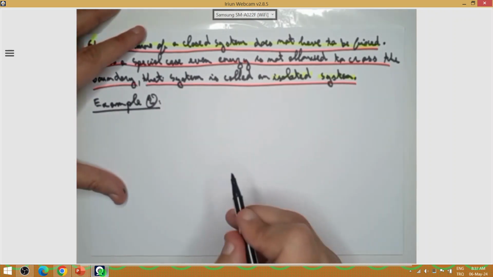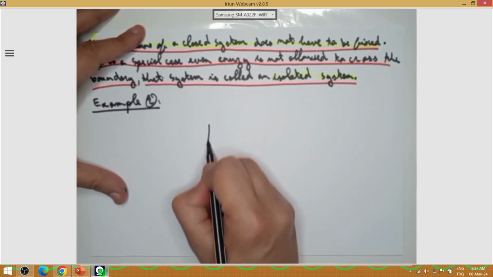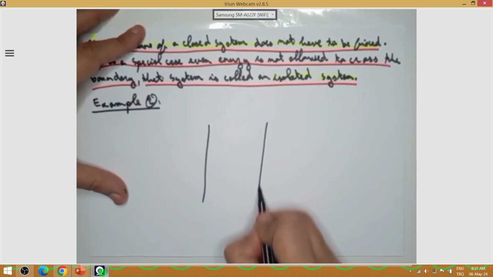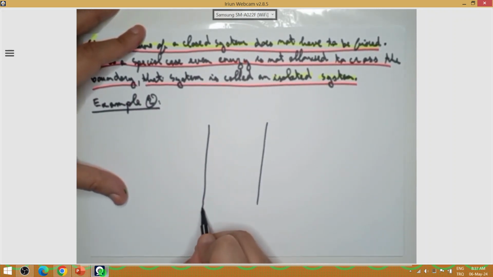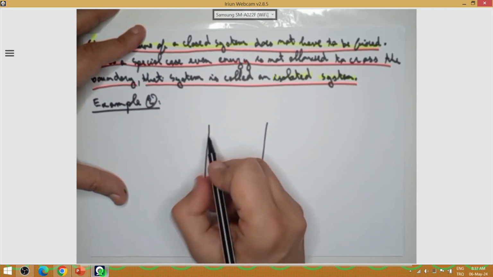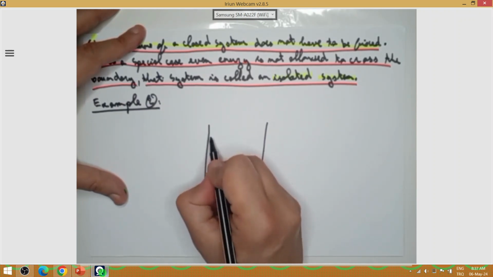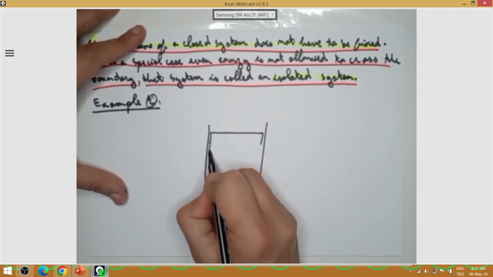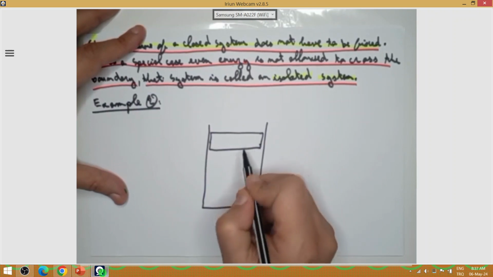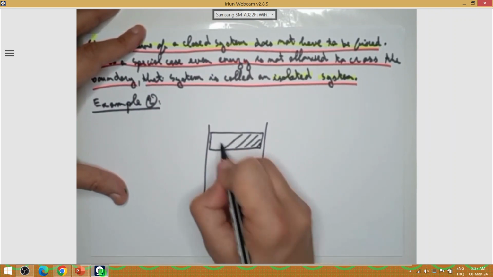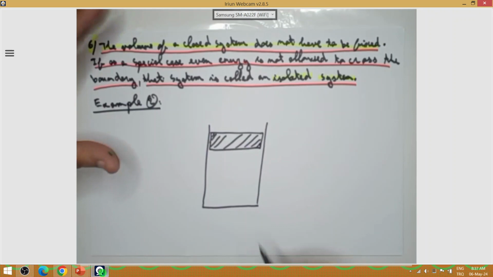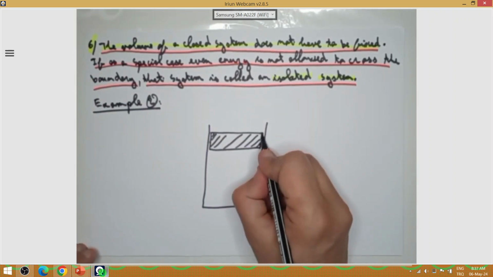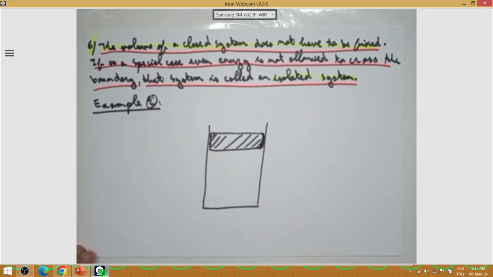I have a cylinder like this, and I have moving inside the cylinder one piston like this. So this is my piston which is moving inside my cylinder, and this is my cylinder. Of course it is closed, so the space is very limited here.